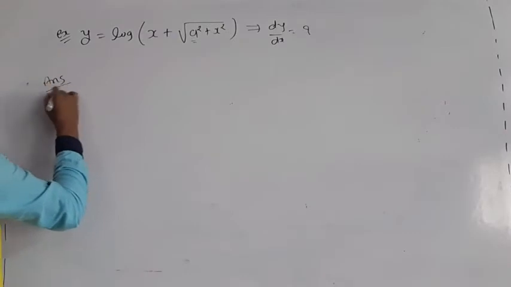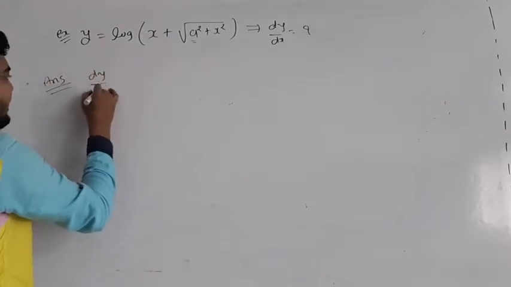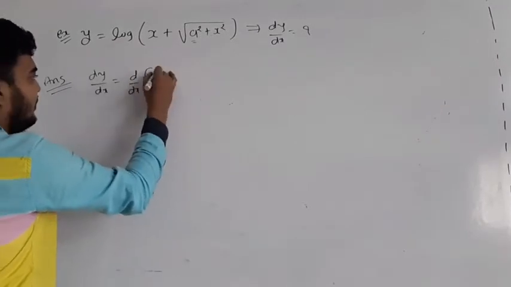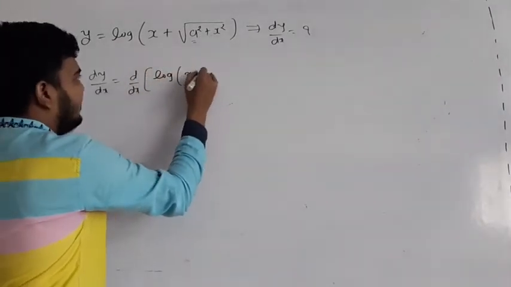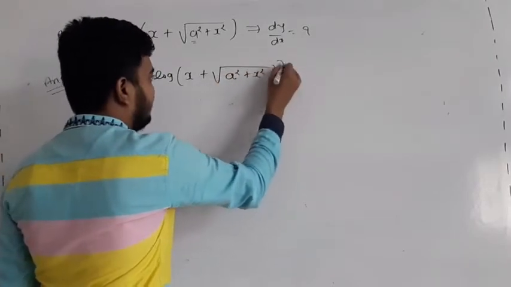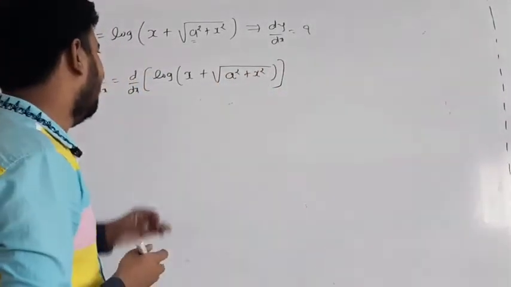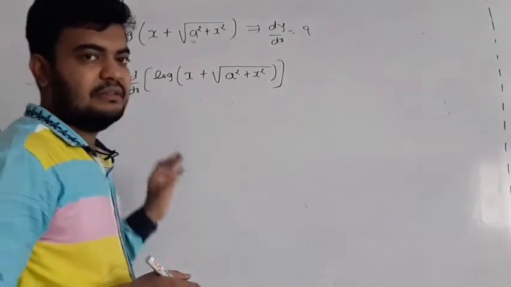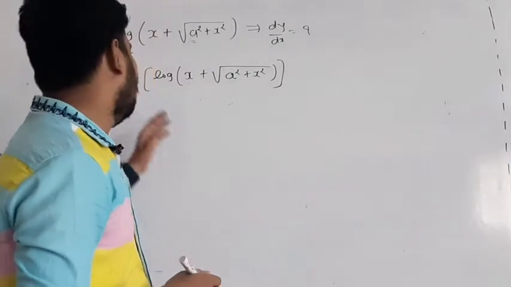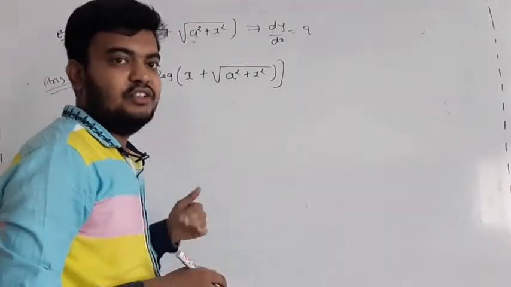So dy by dx is equal to d by dx of log of x plus under root a square plus x square. Here there is no multiplication or division between two functions, so it is a composite function. Then we take the derivative of this function using chain rule.